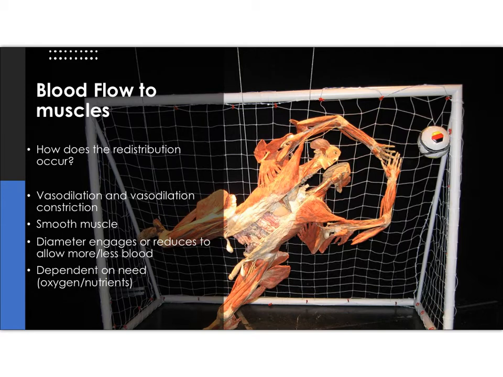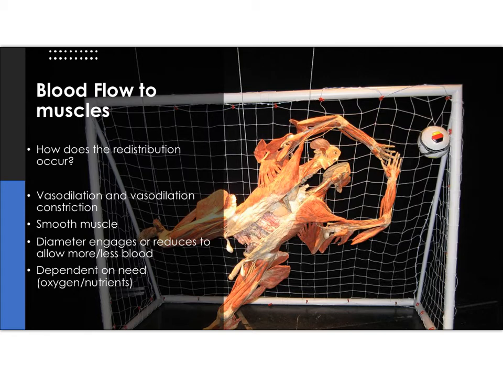So I mentioned before that hormones are responsible for increasing the size or the diameter of the blood vessels, so vasodilating the vessels, and they're also responsible for vasoconstriction of the blood vessels.